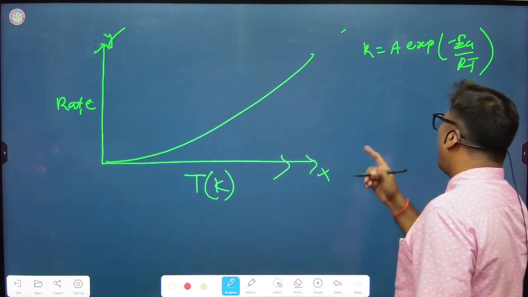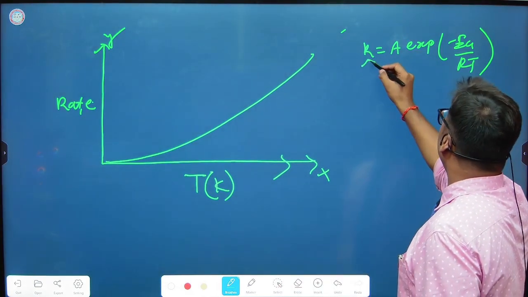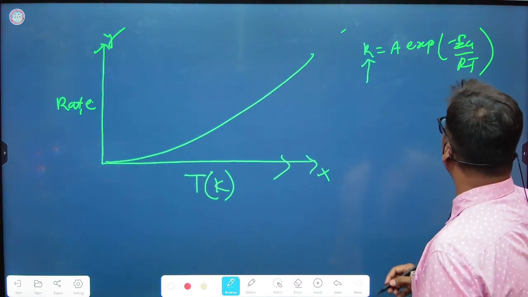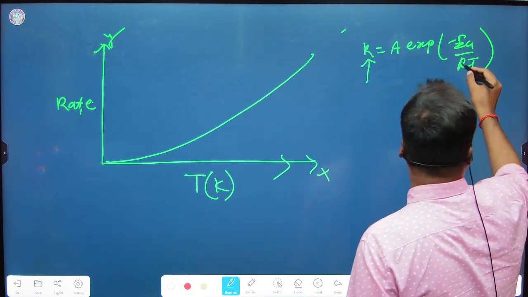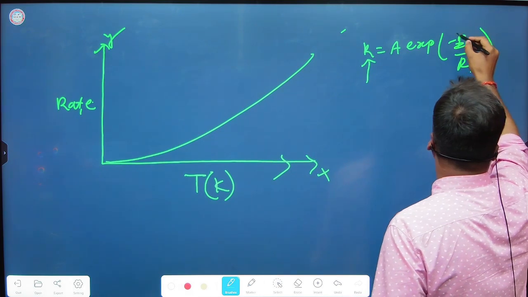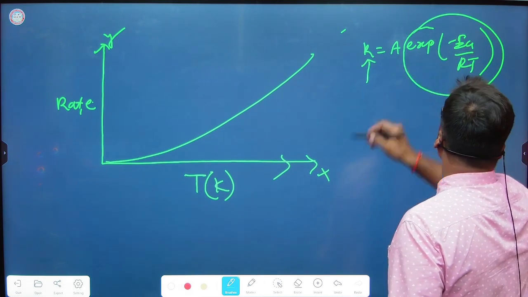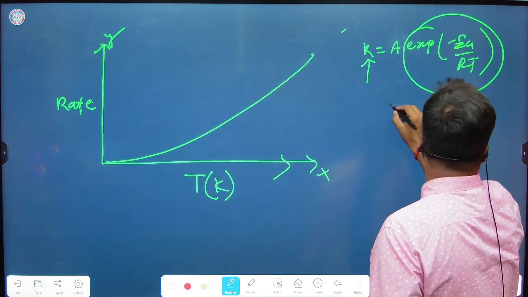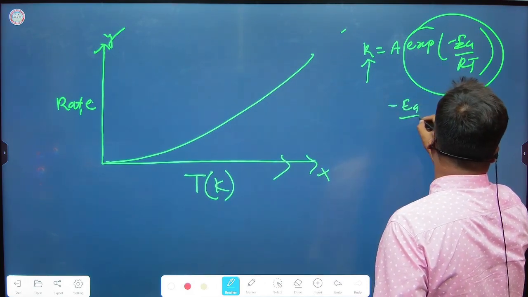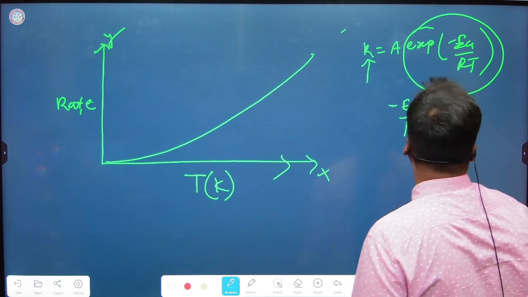So if you want to increase this rate constant, then we have to optimize this exponential value, minus EA upon RT, right?